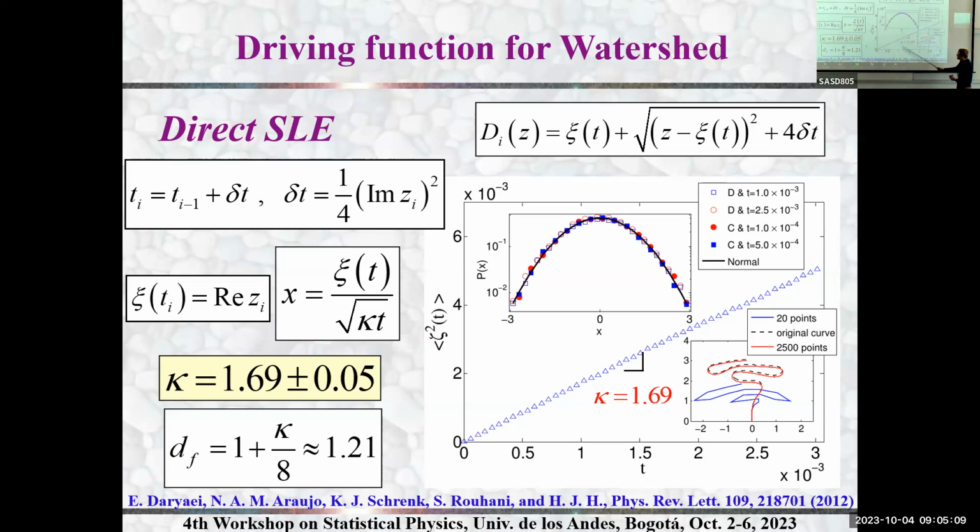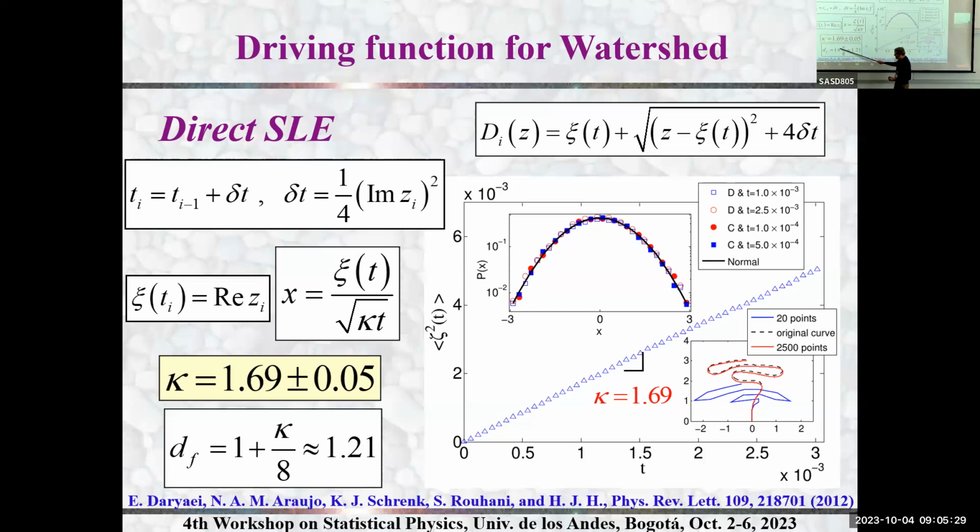So numerically, sorry, I should say, in this case, I've taken the watershed. So my first homework is to check if the watershed fulfills SLE. So first I have to see if I can get consistency with this equation here, no?